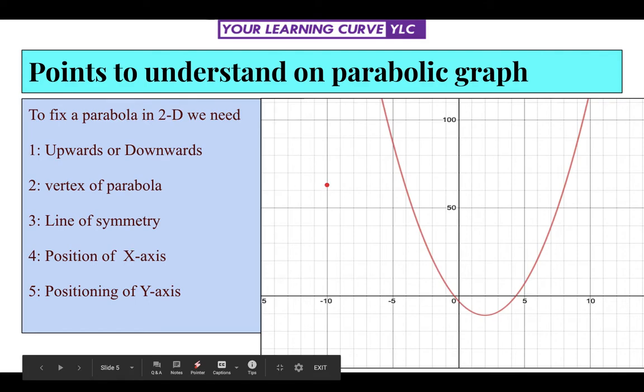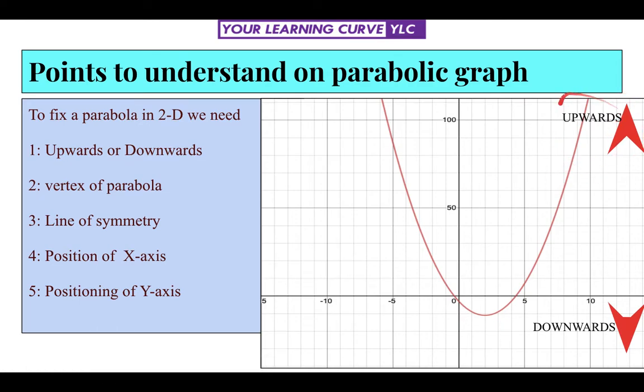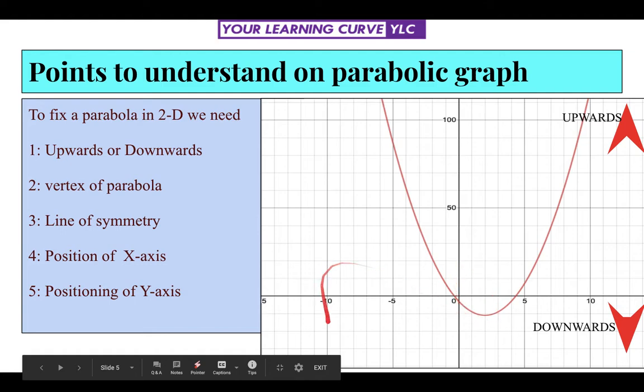Let's see. Here you see this is the graph of a parabola. If the parabola opens upwards, means plus infinity to plus infinity, it is called an upwards parabola, and if the mouth is opening downwards, that is starting from minus infinity going to minus infinity, it is called a downwards parabola.